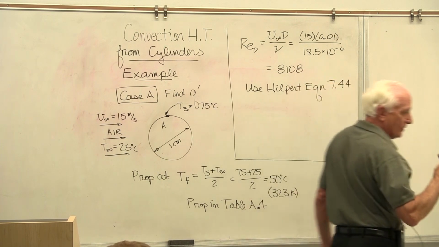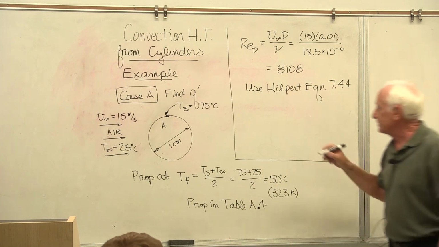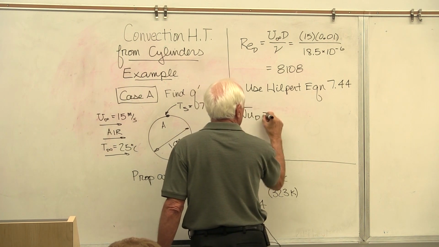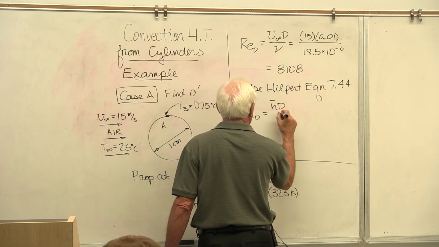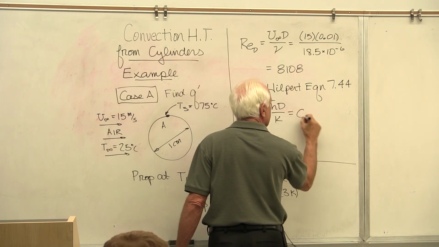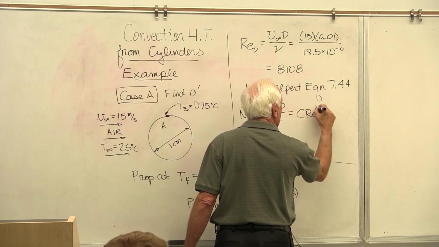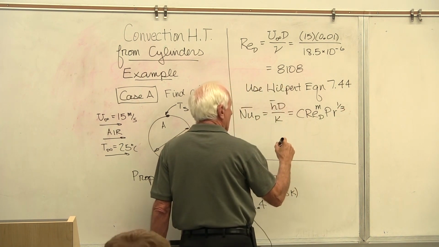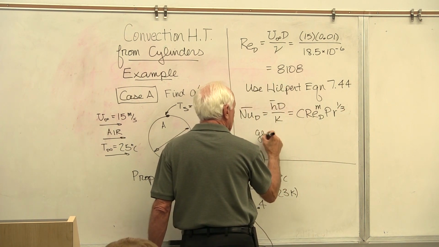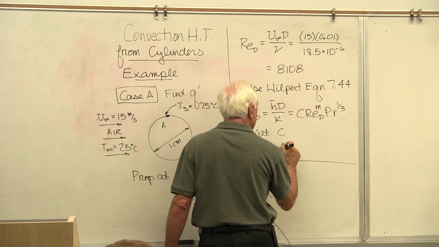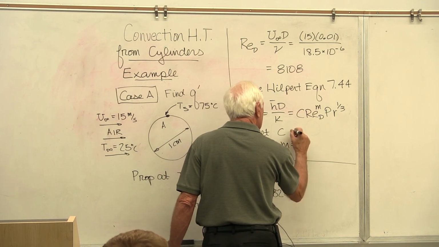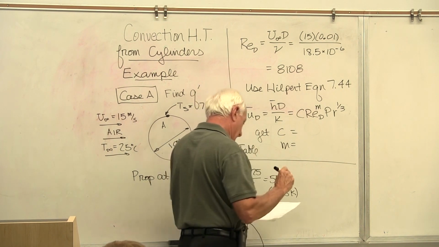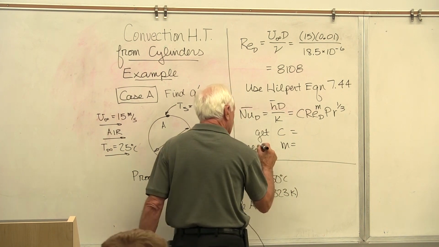If we use that, I'll write it down first. Nusselt number based on D, h bar D over k, equals C Reynolds D to the m, Prandtl to the 1/3. So we're going to get the constants C and m from table 7.2.